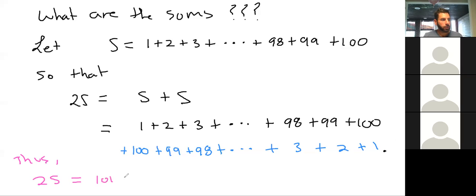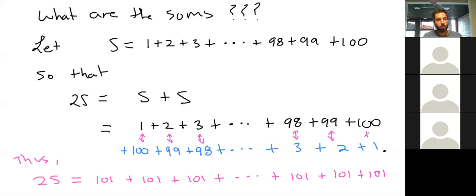It's 101 plus 101 plus 101 plus 98 and 3, 101, 99 and 2, 101, and then, of course, 101. So I'm going to add like this. It's perfectly legal to do this. You guys know that you can add in any order you'd like. That's called the commutative property.